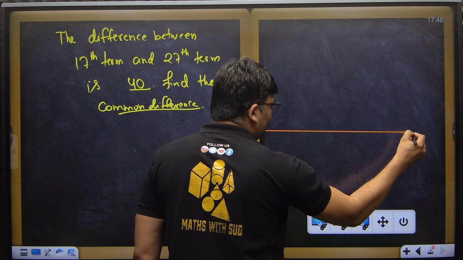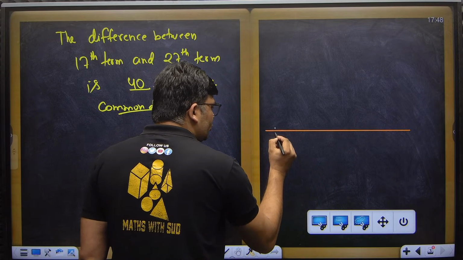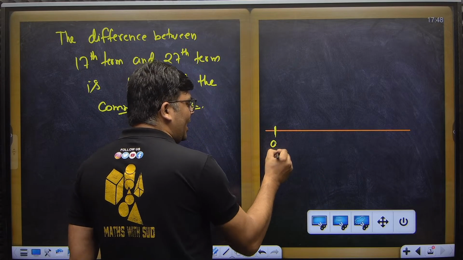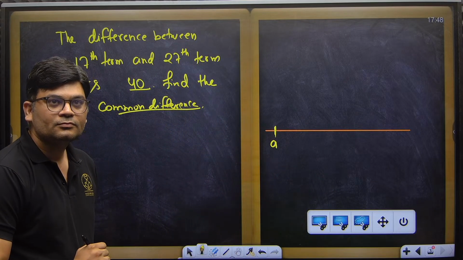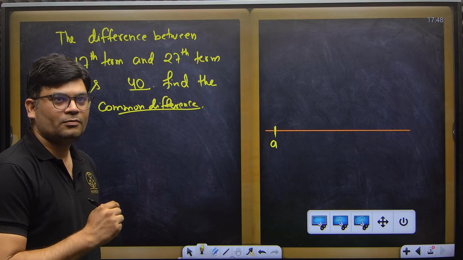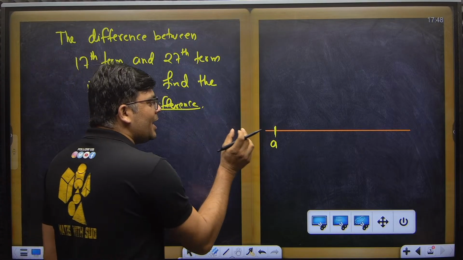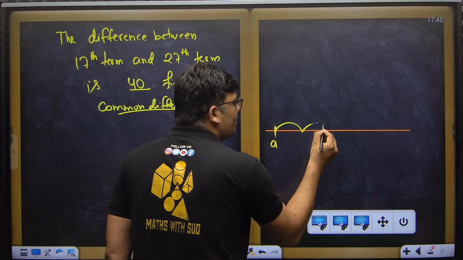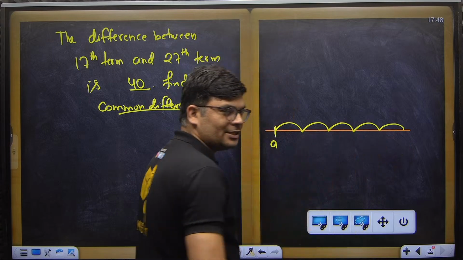You should think of the AP as a number line in which you have a starting point which is A. Very good. The starting point is A and then you keep on jumping D, D, D, D, D like that.